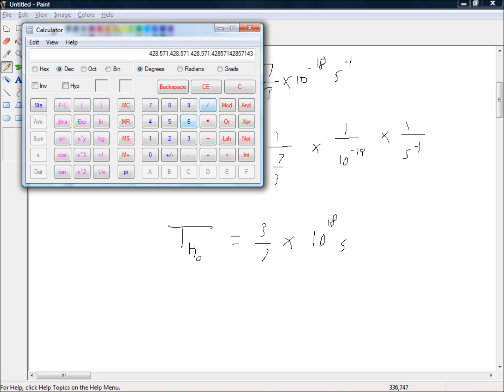So if we divide by 60 seconds in a minute, that's how old the universe is in minutes. And we divide by 60 minutes in an hour, and that's how old the universe is in hours. And then we divide by 24 hours in a day, and that's how old the universe is in days.